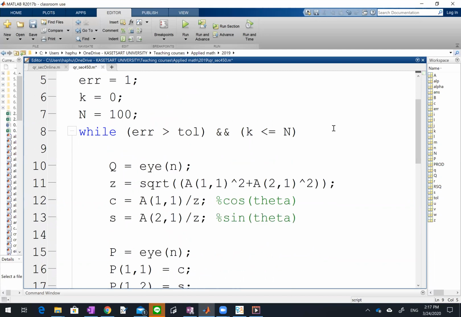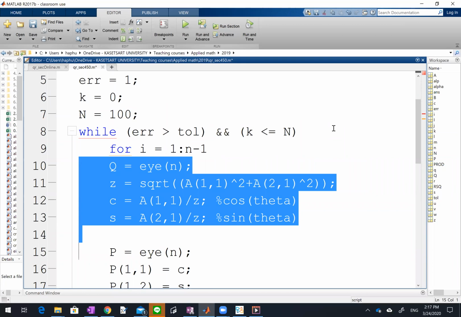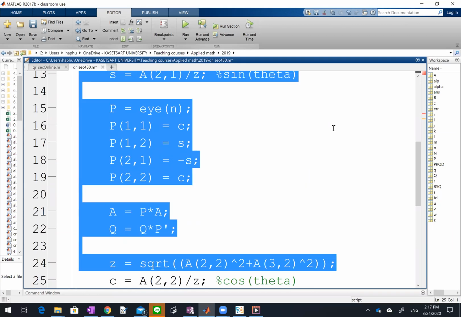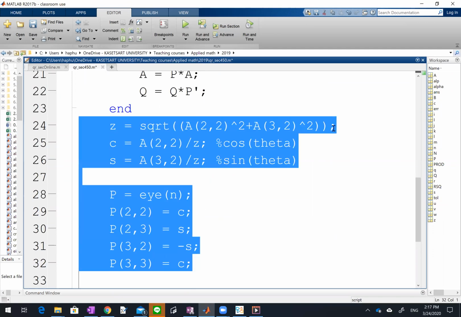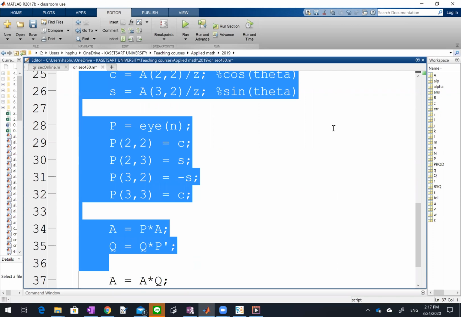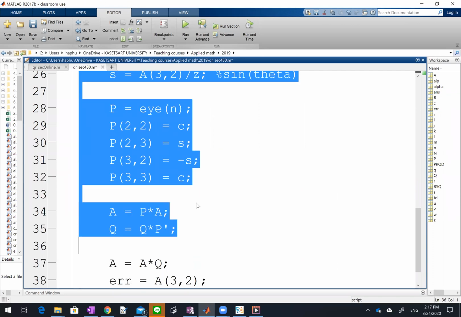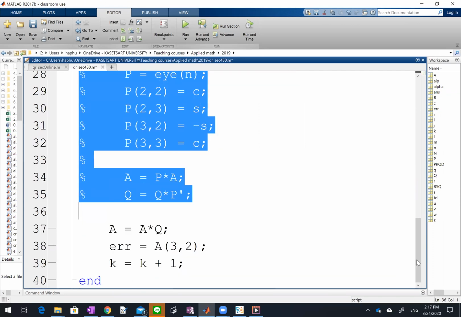So for I equals 1 to 2, or N minus 1, what I want to do is put this in a loop, and this one I can just comment out because it's the same thing.